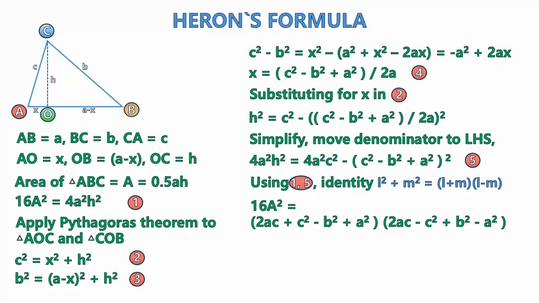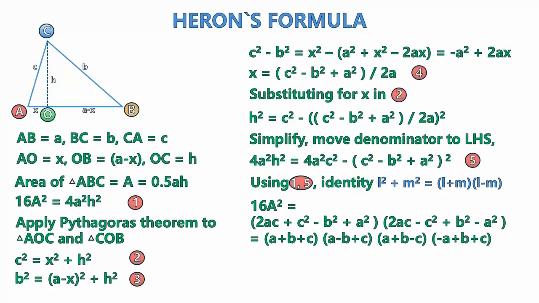So splitting it in terms of l plus m and l minus m, we get (2ac plus c squared minus b squared plus a squared) multiplied by (2ac minus c squared, and minus of minus b squared gives you plus b squared, and minus of plus a squared gives you minus a squared). So these are the two factors.